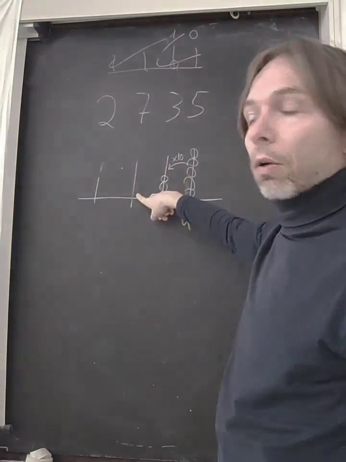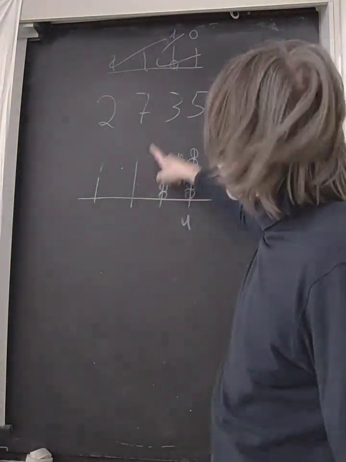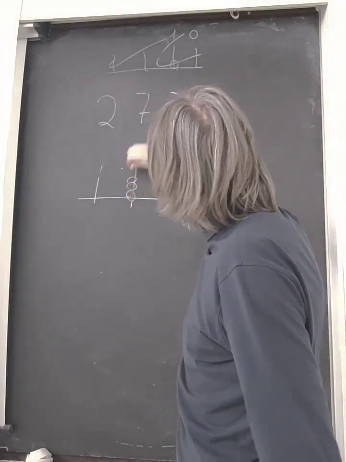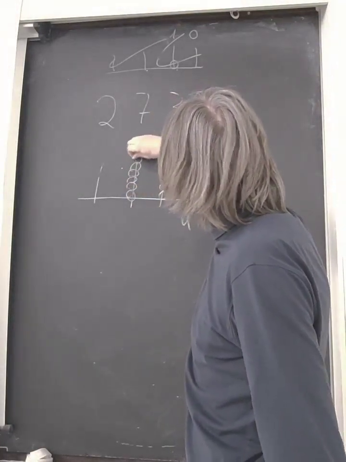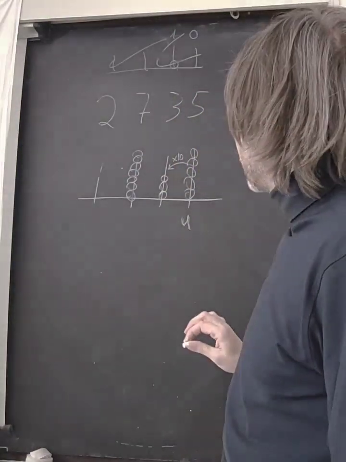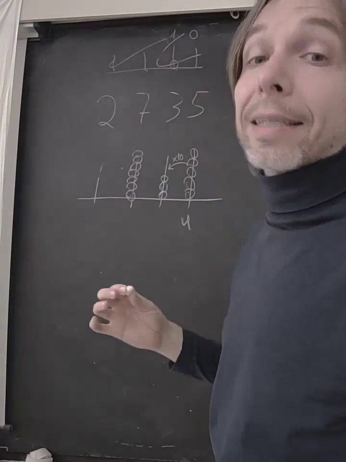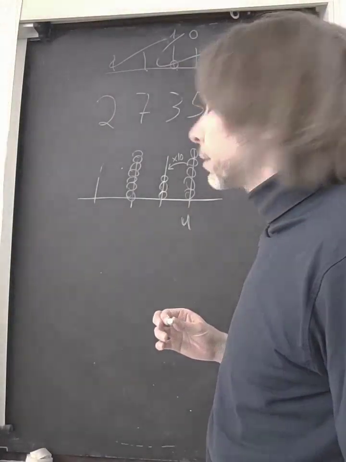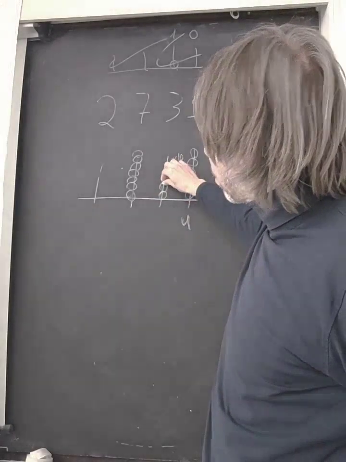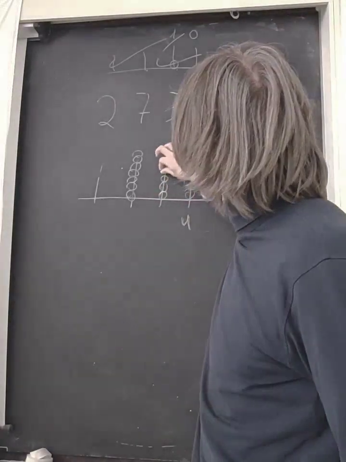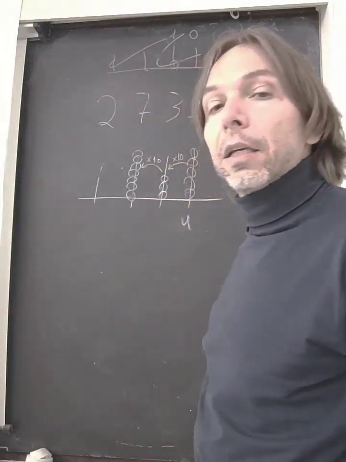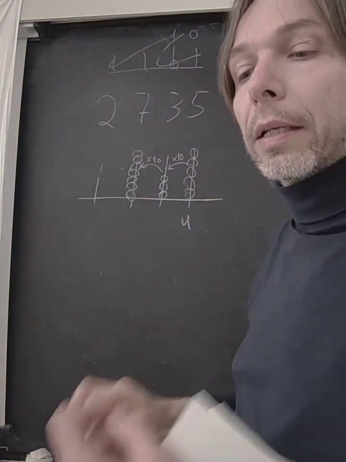Now, on the needle of hundreds, I have 7 balls. And each ball has a value of 10 times the value of the balls before. We say we humans go 10 by 10.